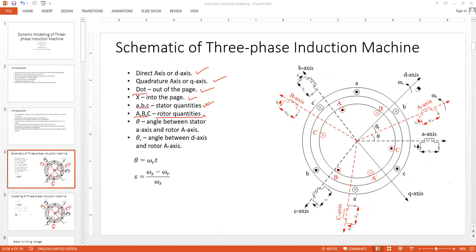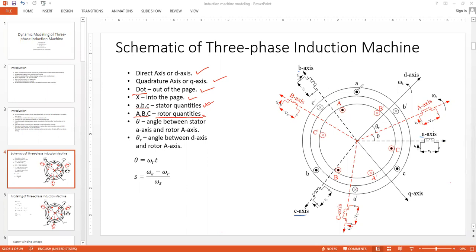Now what's next? Next is the speed of the corresponding axis. So the speed of the stator axis, of course, these A axis, B axis, small a, small b, and small c axis, they would be fixed along these lines. Of course, they will change their direction, but either they will be along this line.